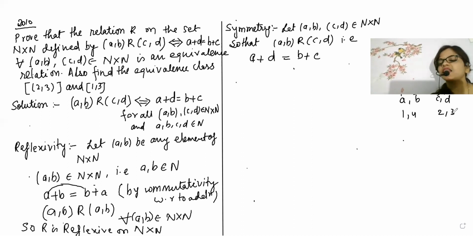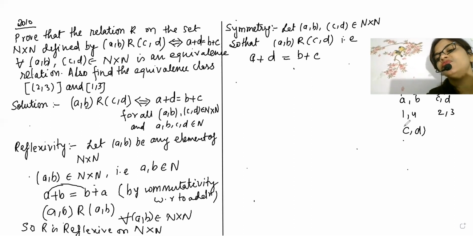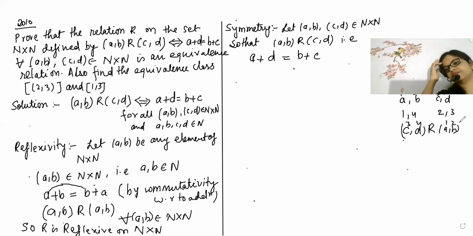Now you have to just keep it reversed. How to bring C plus D? You have to bring C plus D first. C and D should come first and A and B should come here. That means 3, 4 you have to bring first and 1, 2 will come here.